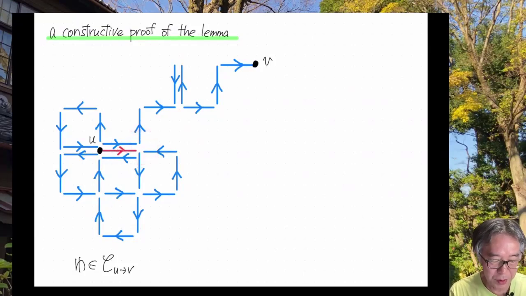So again, by the same logic, you can always choose at least one outgoing arrow. Suppose that you picked this. Here again, if you forget this red thing, there is one incoming and two outgoing, so again you have divergence 1, and you can always choose one outgoing arrow. You chose this. And here, if you forget this, it's clear that the divergence is 1 and there's only one choice.